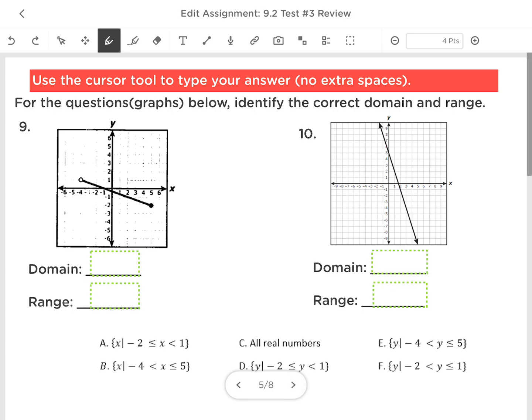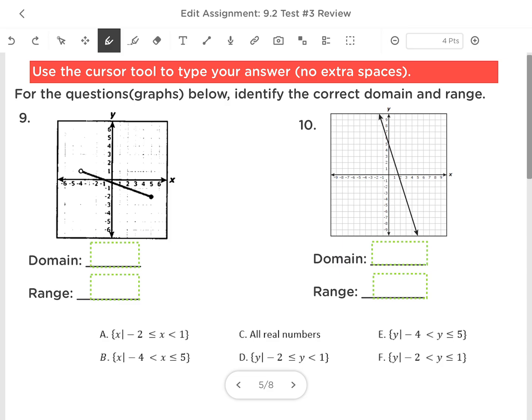Okay. Looking here. Some domain and range. It says for the questions, aka graphs, below, identify the correct domain and range. So notice that we have some options down below. So in the boxes, we're just going to write the letters that go with it.